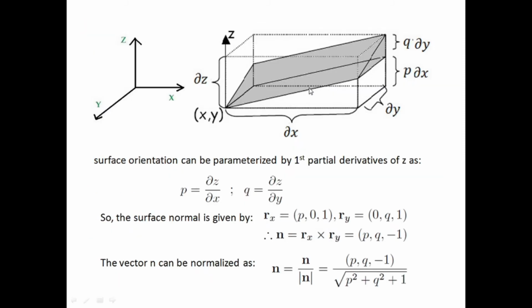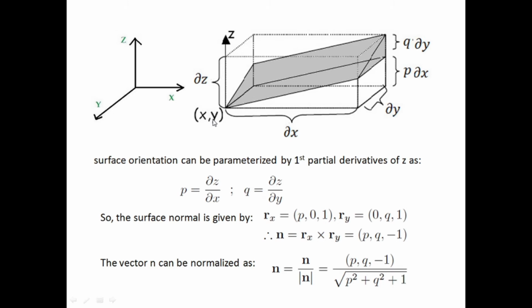The same thing I am explaining by taking one more example. It is my z axis, it is my x axis, and it is my y axis. There is a rectangular plate which is initially placed on the ground. What is the ground here? Your xy surface is the ground. This is my x comma y. One of the corners of your rectangular plate is at x comma y.